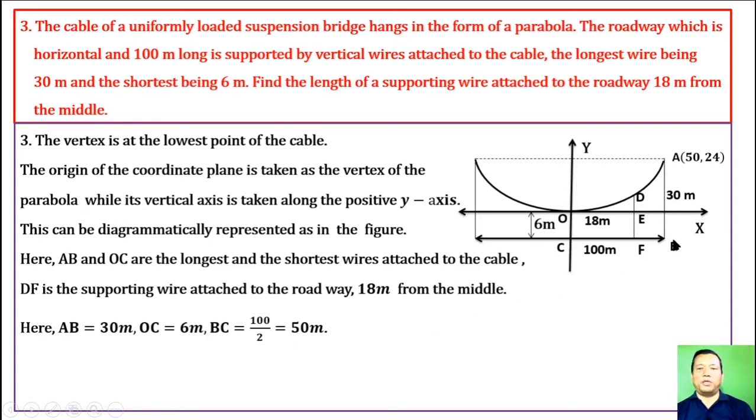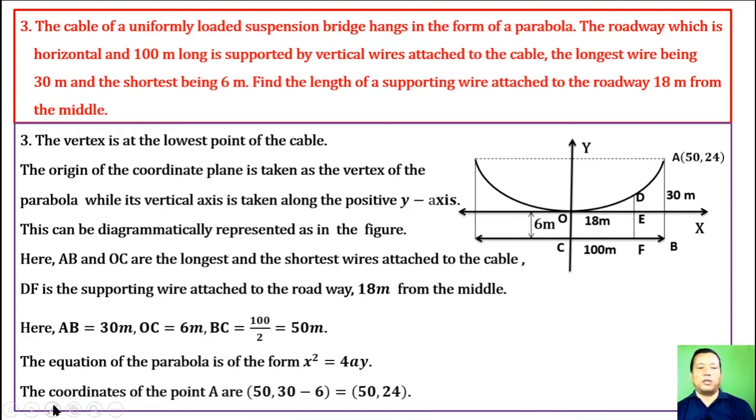BC is 100 meter, whose half is 50 meter. The equation of the parabola is of the form x squared equals 4ay. The coordinates of the point A are (50, 30 minus 6), that is (50, 24).